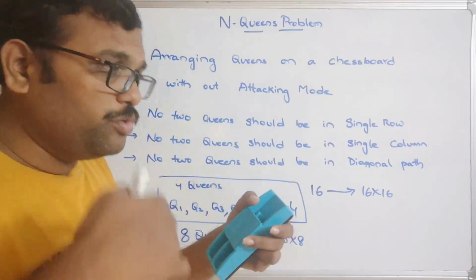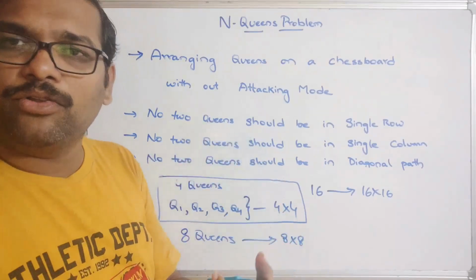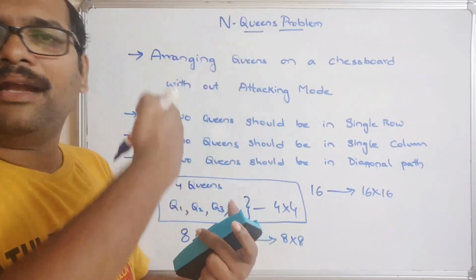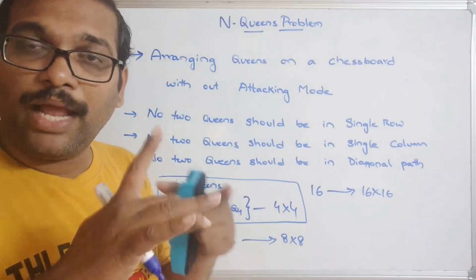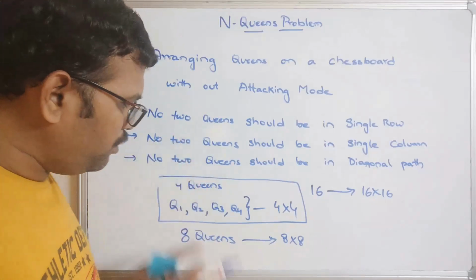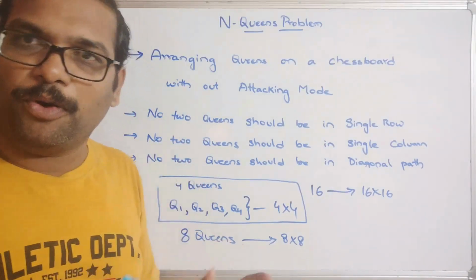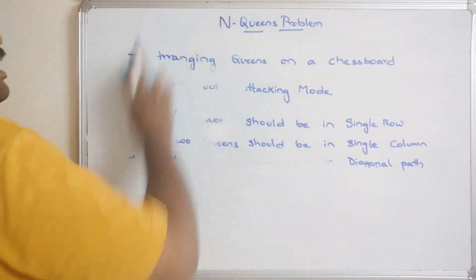While solving, if it does not lead to the solution, it will backtrack and go with another path. Like that we have to solve the n queens problem, and I'll show you the 4 queens problem. So let us take the 4 queens problem and solve it.